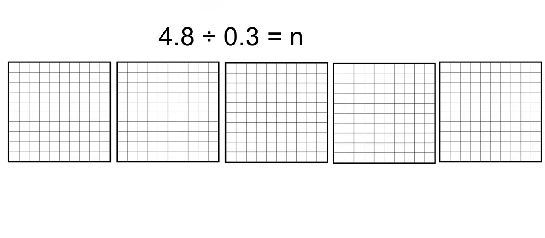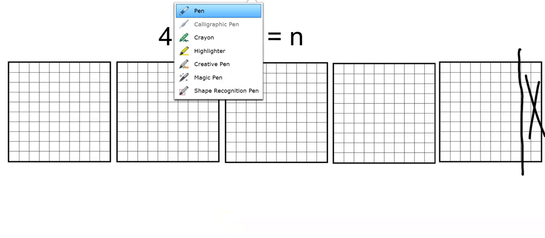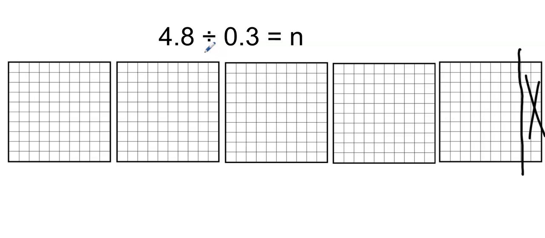So not quite all of that one. So let's go ahead and mark that one off. That's 8/10. We won't need that part. Okay, so we're going to divide that by 3/10. So let's get our highlighter. So here's 1, 2, 3/10.